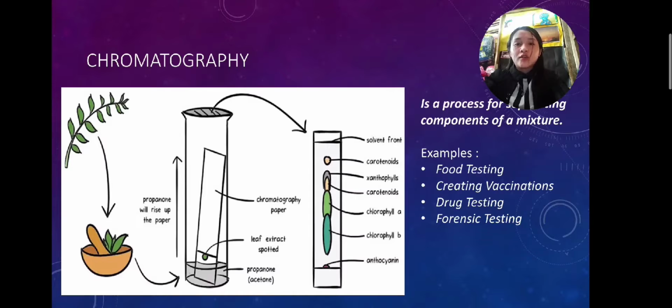And then creating vaccines and drug testing, and forensic testing. In forensic testing, chromatography is used to help catch criminals. It is used by the police or the NBI, so that they can identify who did the crime.